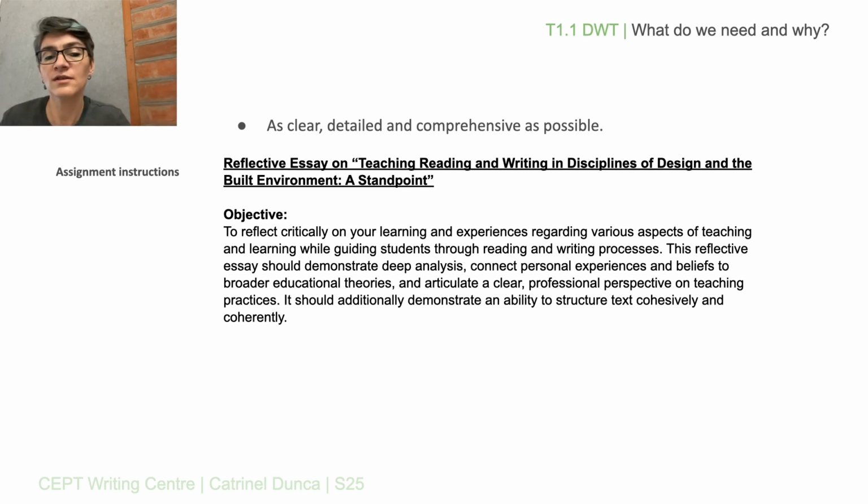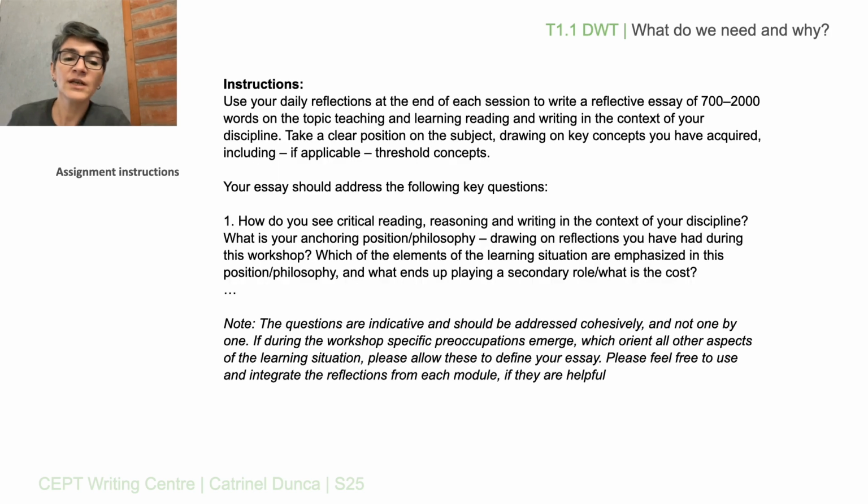But giving this is not enough. The students need to be clear on what are the objectives of this assignment. What do we want them to do through it? For instance, we want them to reflect critically on something or the other. Along with the objectives, we need to provide the instructions. How are they supposed to do this assignment? They're supposed to use their daily reflections and then produce something else.